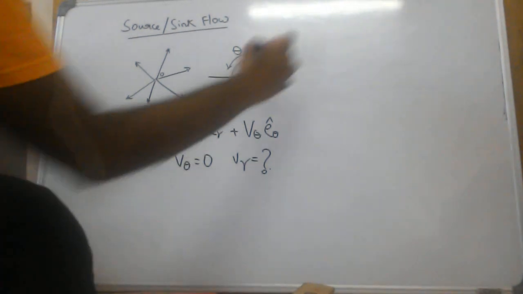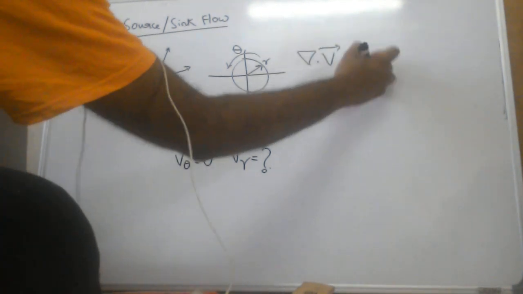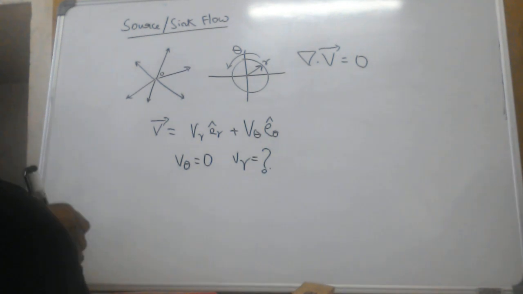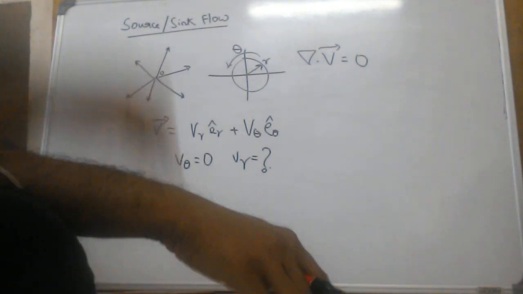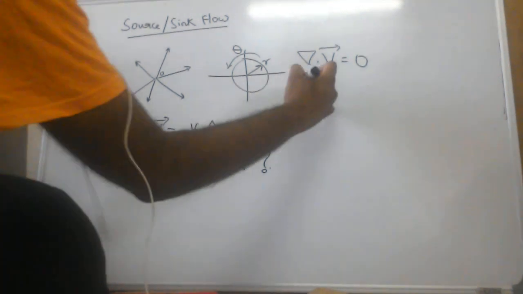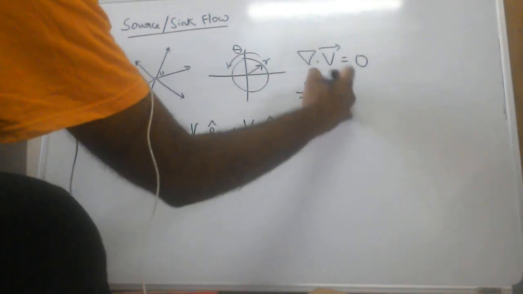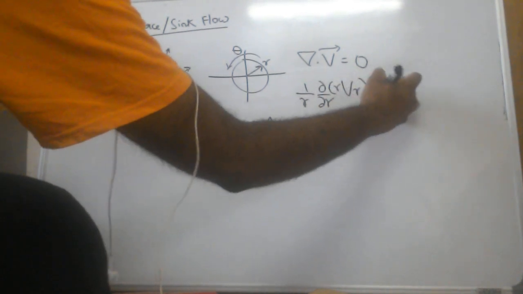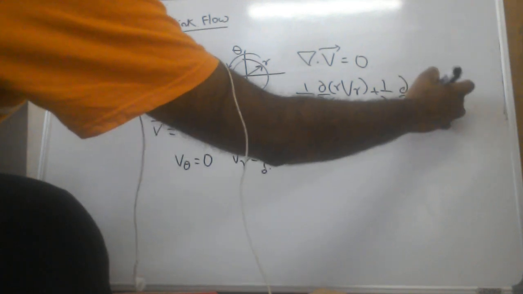The continuity equation says that the divergence of velocity is 0. The divergence of a vector in the r theta coordinate system is given by 1 by r dou by dou r of r Vr plus 1 by r dou by dou theta of V theta.